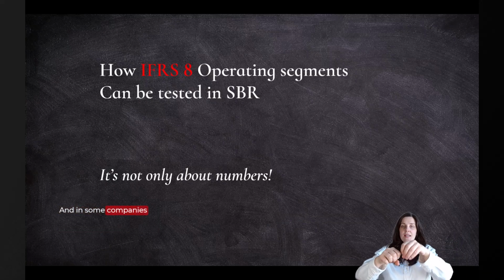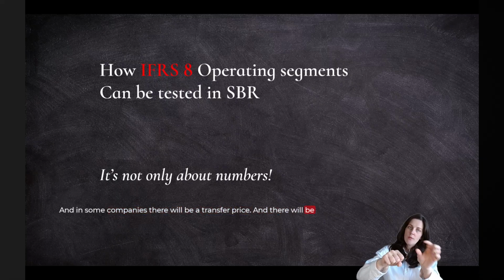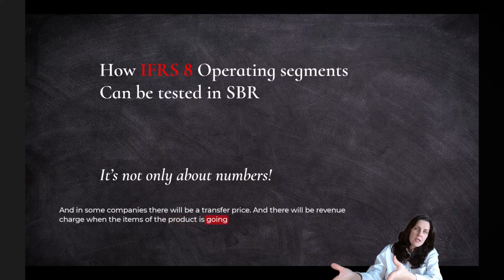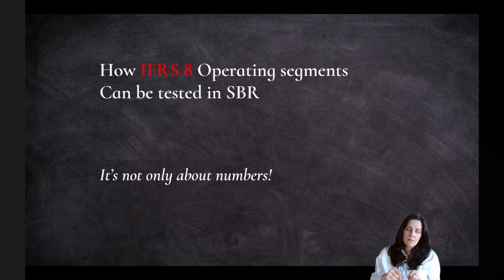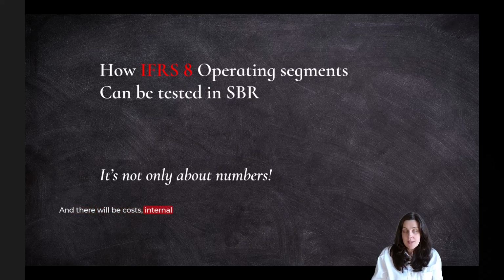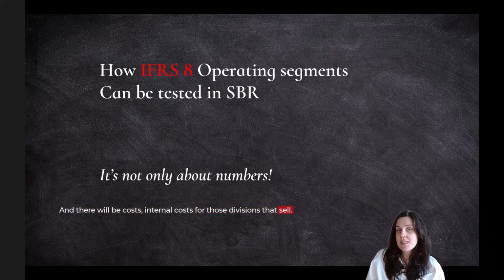And as such, there will be no revenue test for the decision whether to report it separately, for example. And in some companies, there will be a transfer price and there will be revenue charged when the product is transferred to those divisions that sell. And there will be internal costs for those divisions that sell.